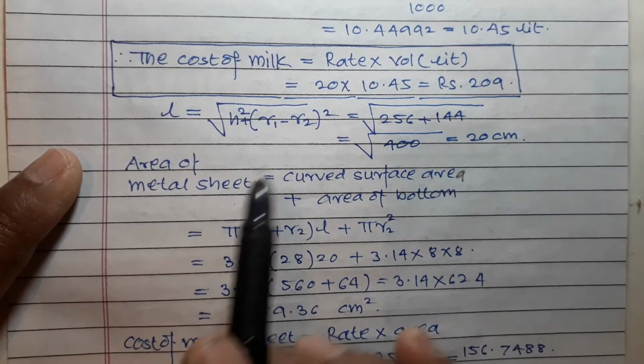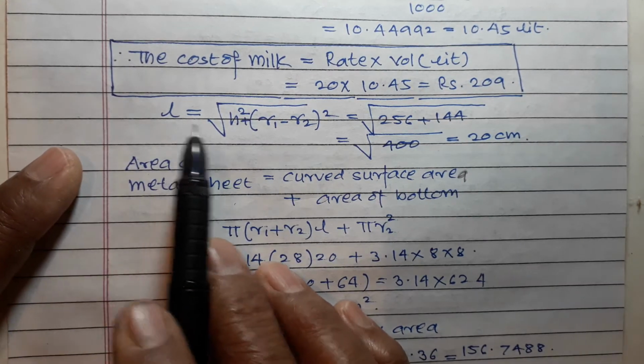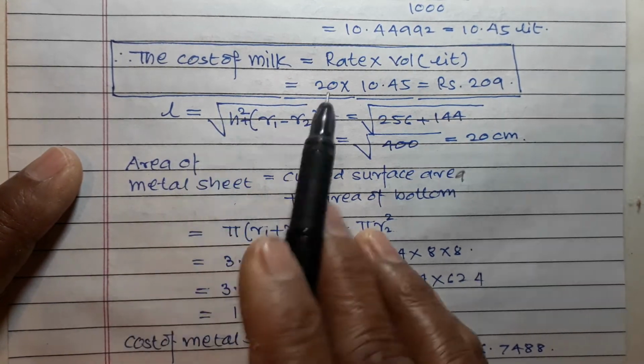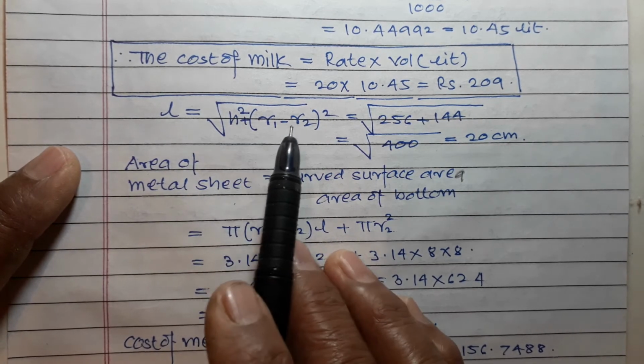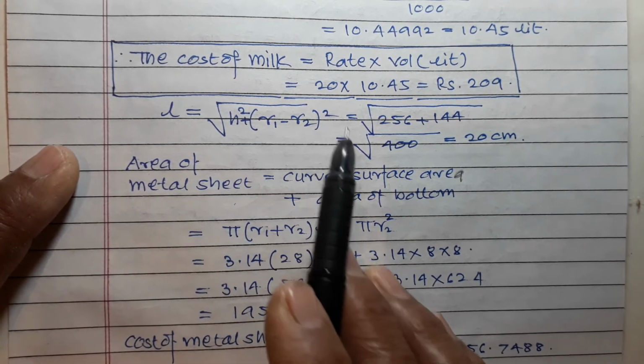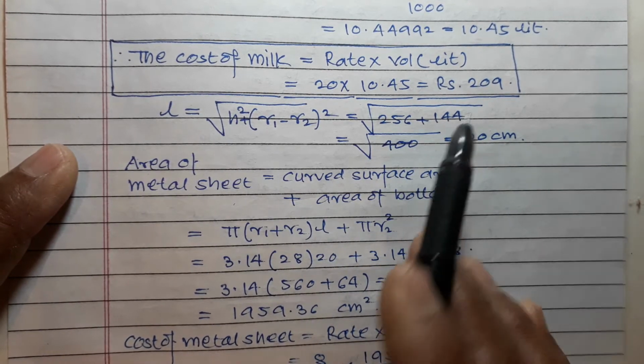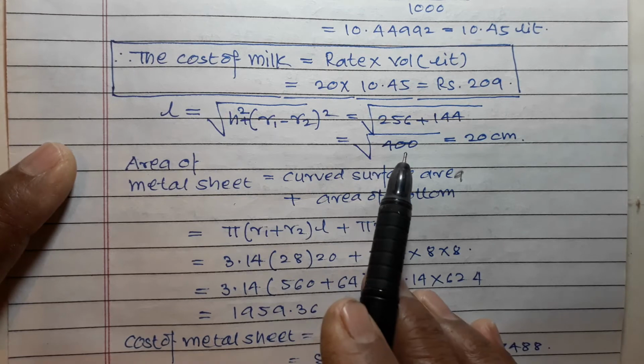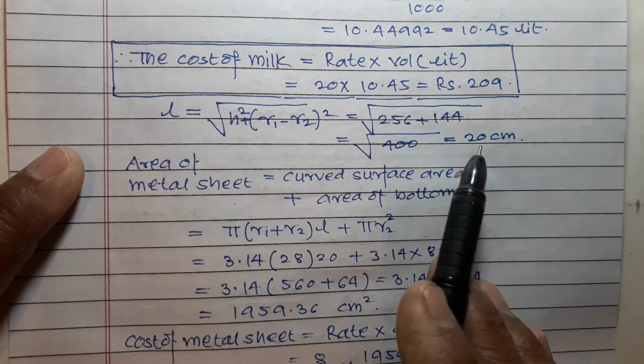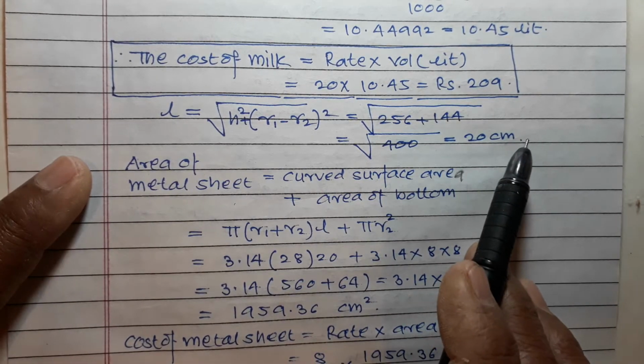Now the next part. L, the slant height, is equal to under root h square plus (R1 minus R2) square, which is equal to under root 256 plus 144, that gives you under root 400, and hence L is equal to 20 centimeter.